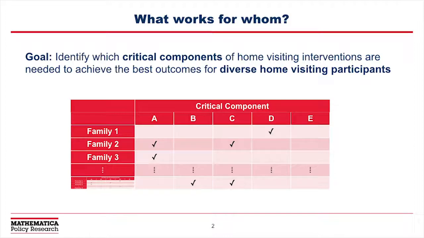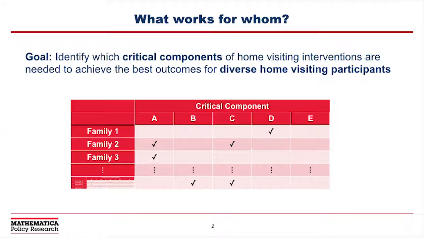So can we identify, as HARC has laid out the mission for us, which critical components, A, B, C, D, those are the columns here, are necessary to achieve the best outcomes for which types of families? Those are the rows in this figure.